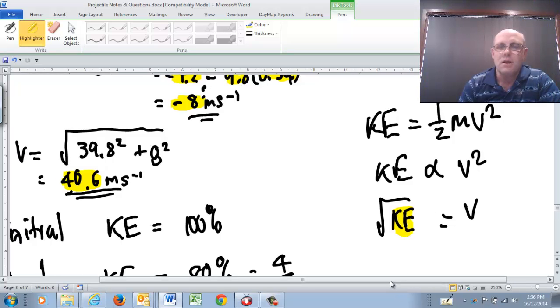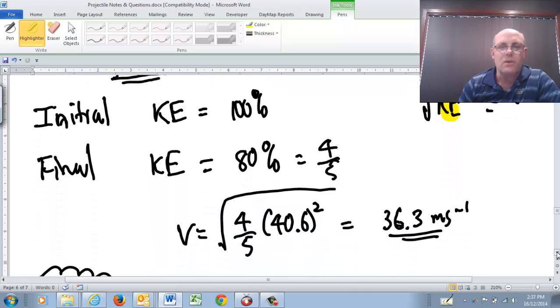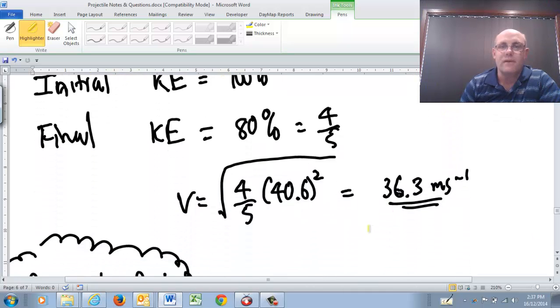Alright, so then obviously we know it's going to be square root of that particular thing over here. So that gives us an answer of 36.3 meters per second.